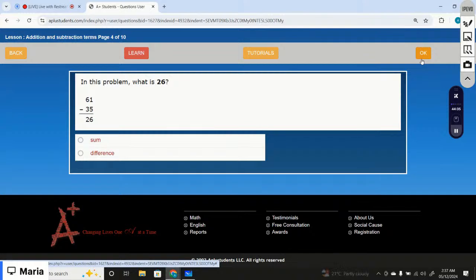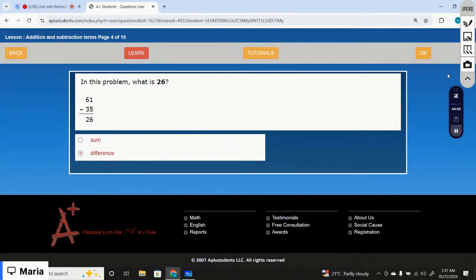In this problem, what is 26? So you are subtracting 61 and 35. The answer is 26. Which is the correct option? So 26 is the difference of 61 and 35.